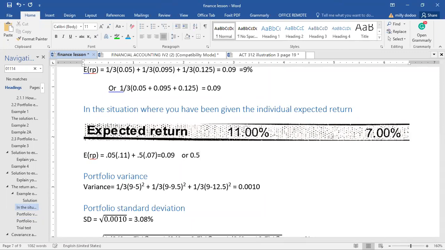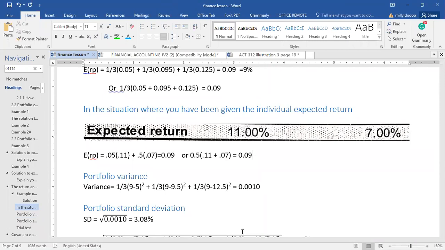Or somebody can also say the 50% bracket open, the 11 plus the 7%, and he or she would also get the 9%. So this is how we determine portfolio expected return if you have been given the individual expected returns of the investments.